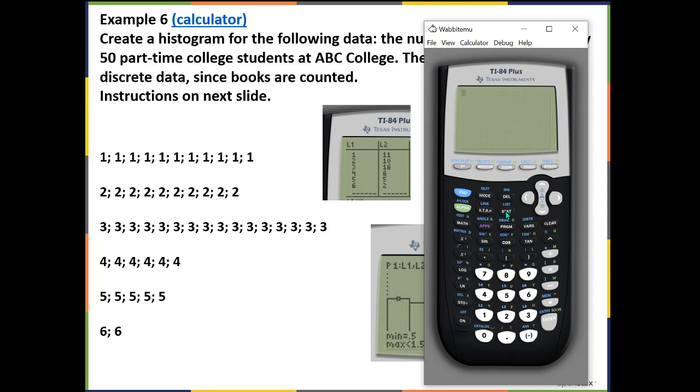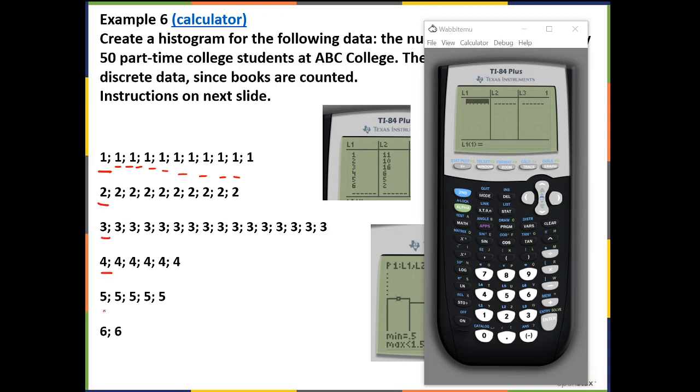So we go to Stat, Edit. Let me clear this column. You go to the title of the column and press Clear, Enter. And the second one, I press Clear, Enter. Now, I could just put in the calculator 1, 1, 1, 1, 1, 1, 1, 1, but instead I can put a column of frequencies in the calculator.